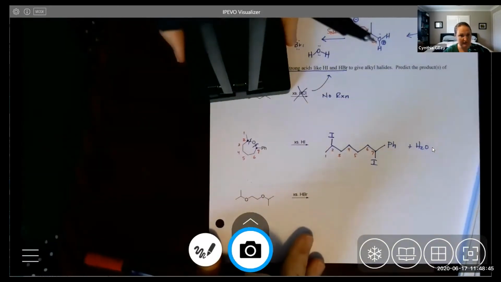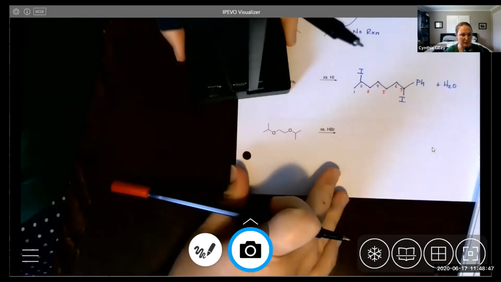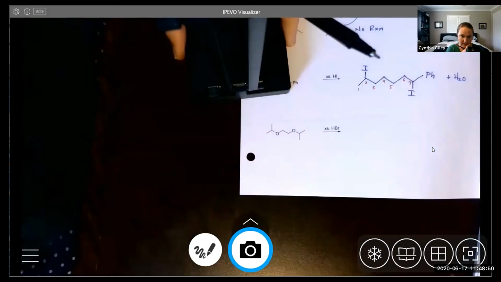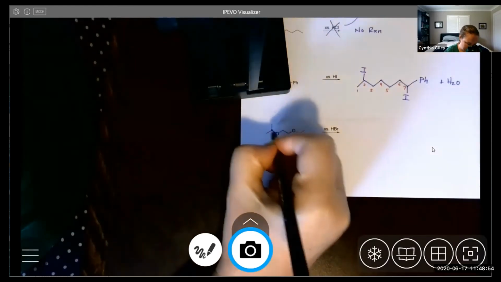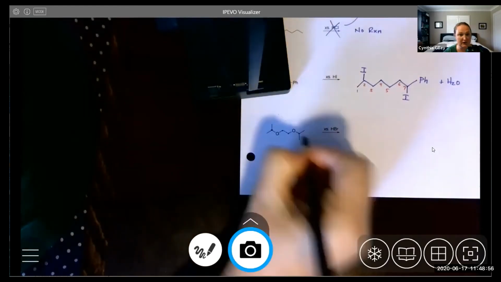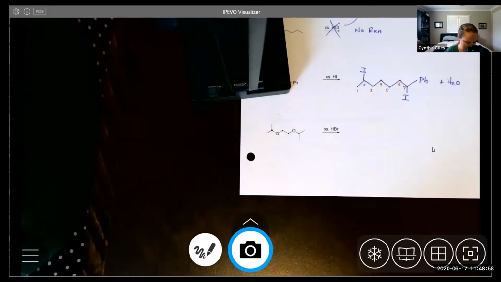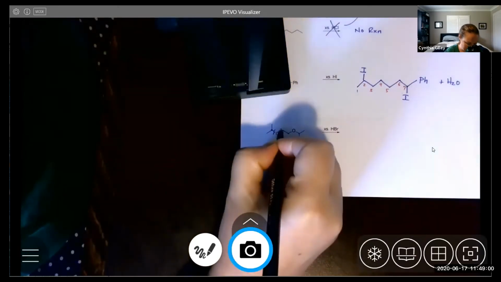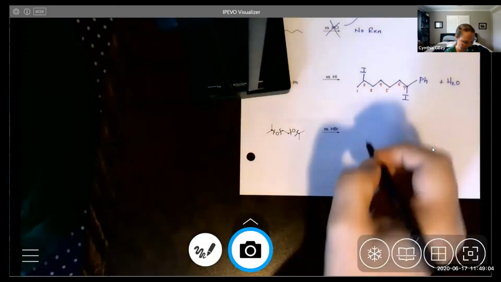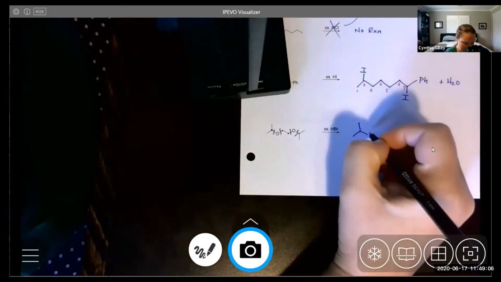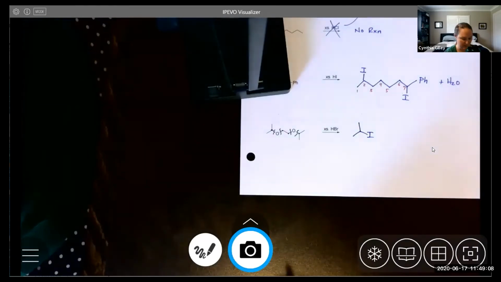Okay, and then the last one, a little bit more tricky because there are 2 ethers, and all of the carbons attached to the oxygens are all sp3. So I really can break all of them. So you end up with, oh, we're doing HBr here.